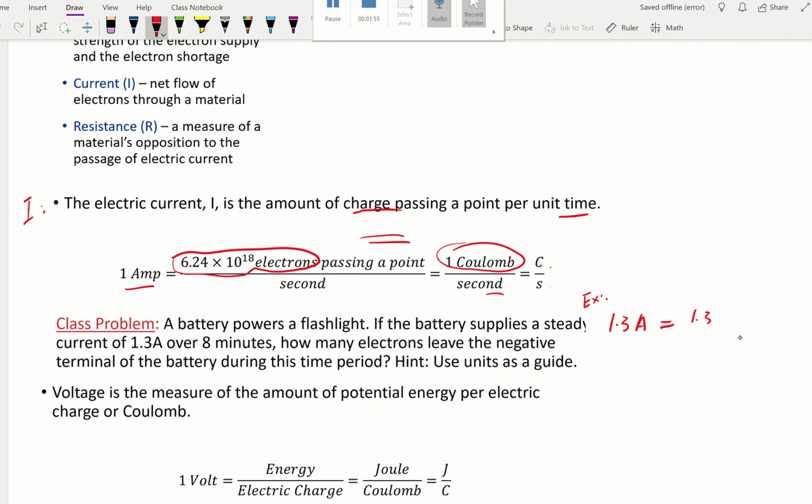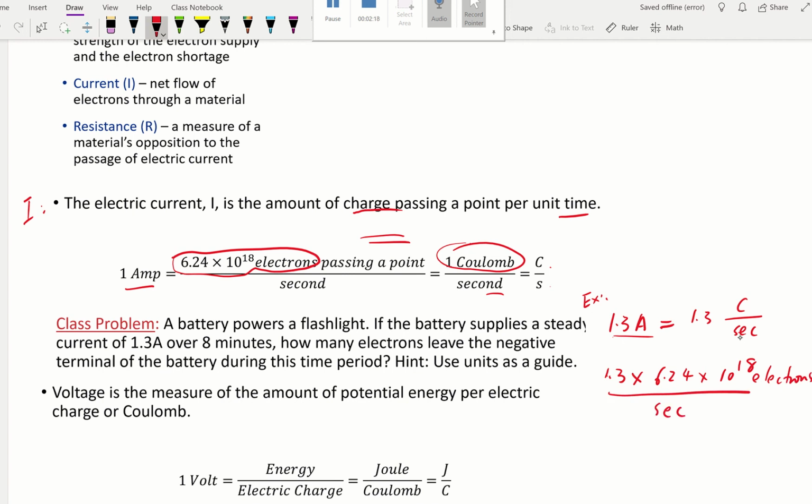We learned 1 amp means coulomb per second. So if there are 1.3 amps, there are 1.3 coulombs per second. 1 coulomb is 6.24 times 10 to the 18 electrons every second, right?